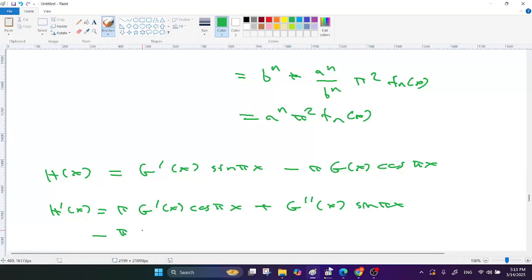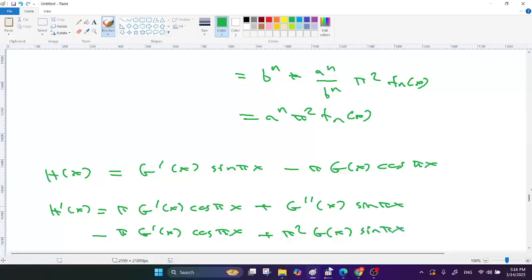You get minus π g'(x) cos(πx). Now fix g(x) and differentiate cos(πx). What is the derivative of cos(πx)? Minus π sin(πx). So minus minus plus: plus π² g(x) sin(πx).